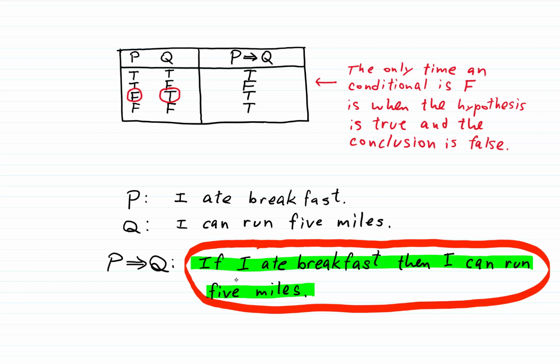Okay, this one's a little bit harder for some people to swallow. So look at the green sentence. If I ate breakfast, then I can run 5 miles. Instead of trying to show that that's true, let's instead show that it's not false. And then if it's not false, then it has to be true.